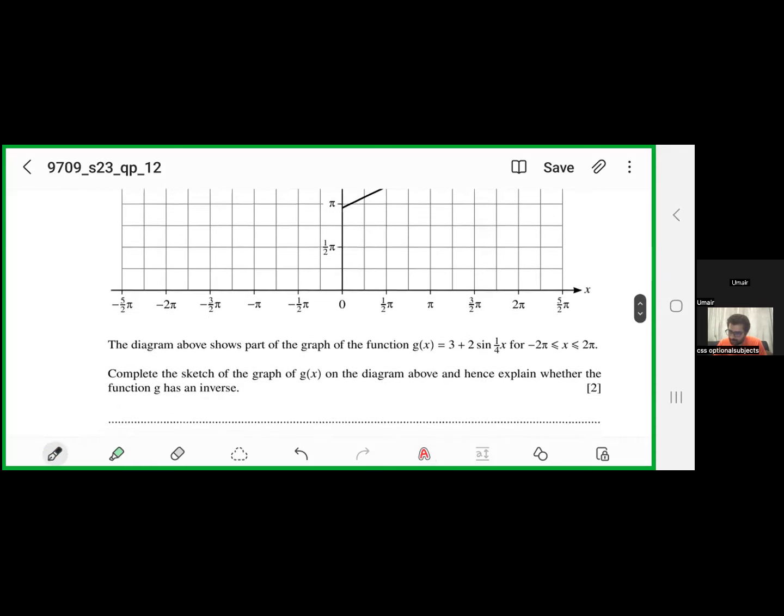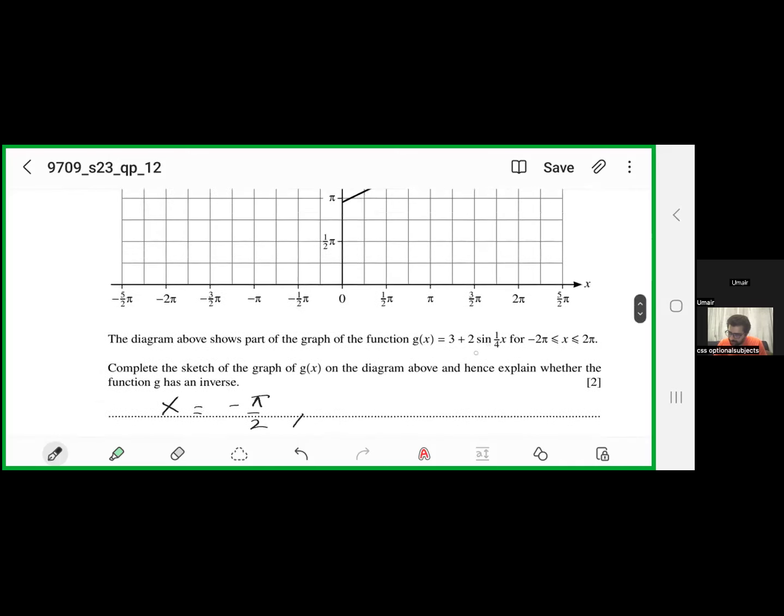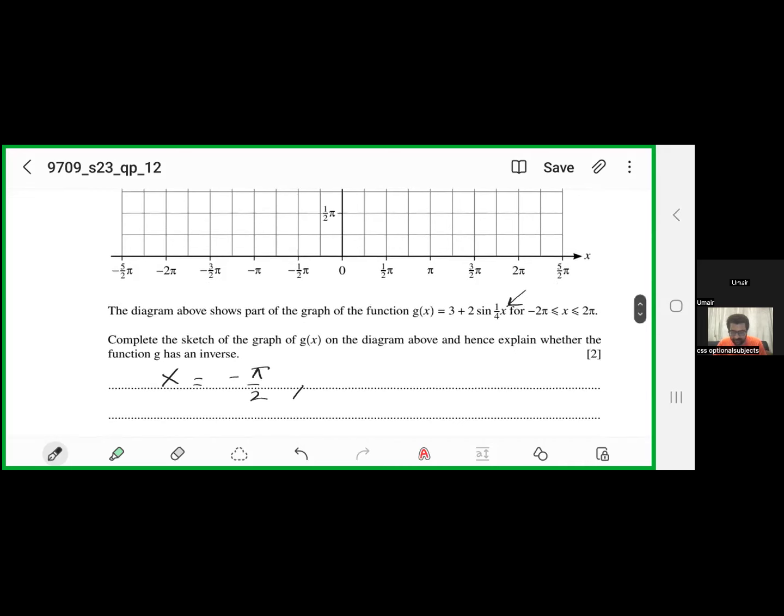So let me draw a table. So when x is minus pi by 2, calculate the value of g(x) by using x minus pi by 2 over here. So just calculate the values and plot these values on the y-axis.